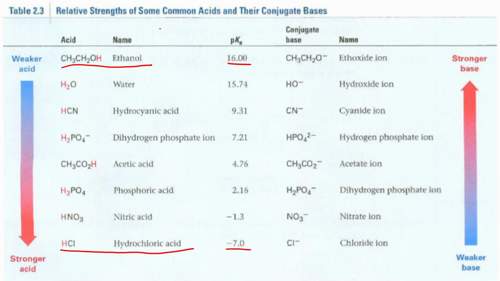Okay, remember our number line. As you go to the left, the stronger the acid is. As you go to the right, the weaker it is. Zero, negative values, positive values. This is when describing our acid strength.